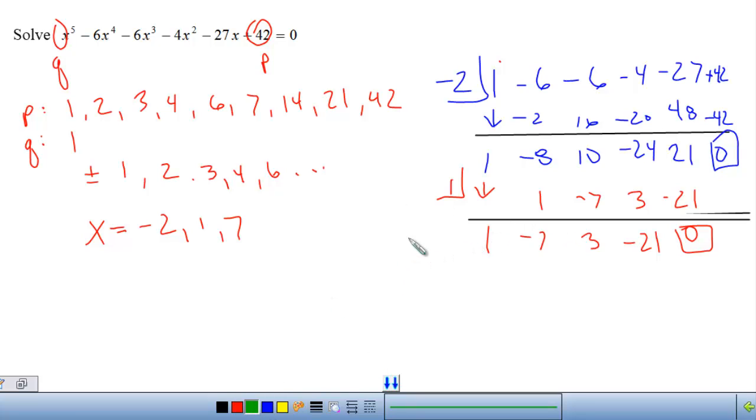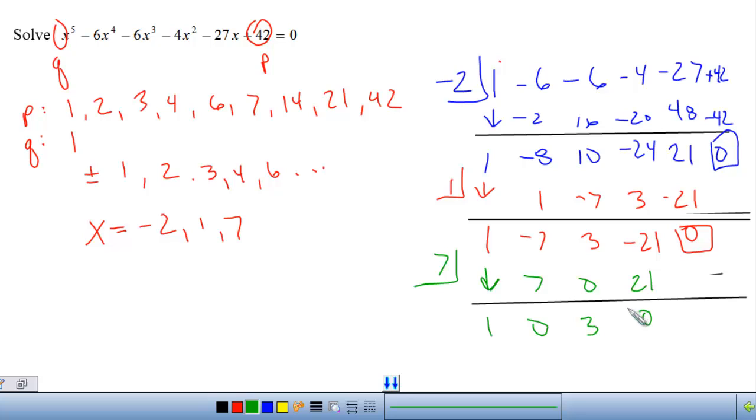I'm going to do the final one here with the 7. Drop the first term. 7 times 1. So now what I'm left with is 1x squared, 0x, plus 3.